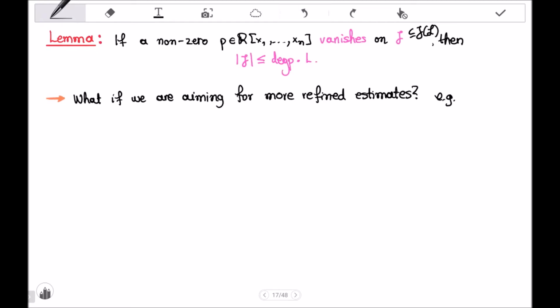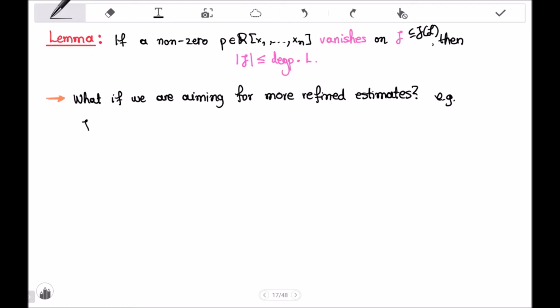So let's say I want to control the joints, not only the number, not only how many they are, but also according to how many of my lines pass through each. So that's a point-line incidence estimate that actually has connections with the maximal Kakeya conjecture, which we haven't talked about. But anyway, it is interesting for that reason.